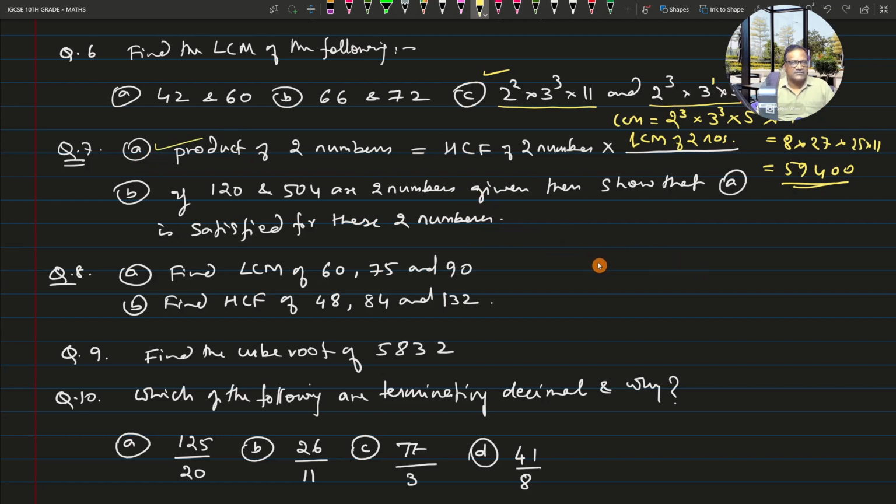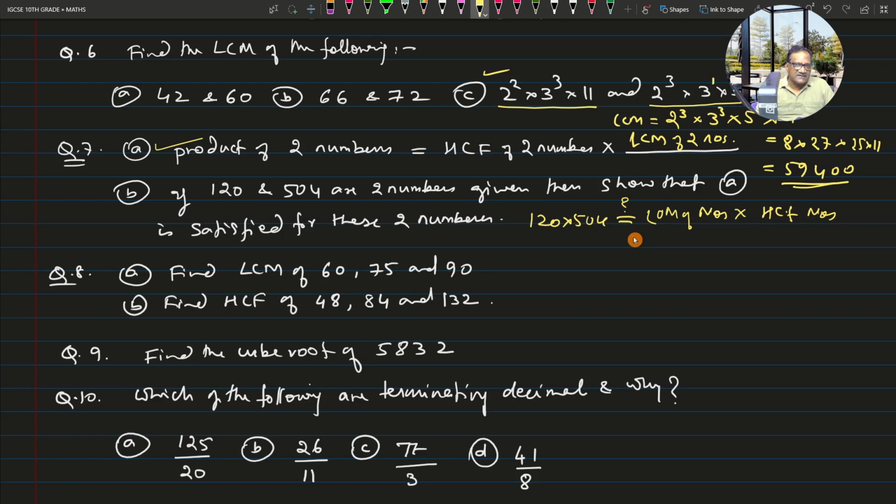So the law says that the product of the two numbers, 120 into 504, should be equal to the LCM of the two numbers into the HCF of the two numbers. I'll put a question mark because I want to check whether it is satisfied or not.